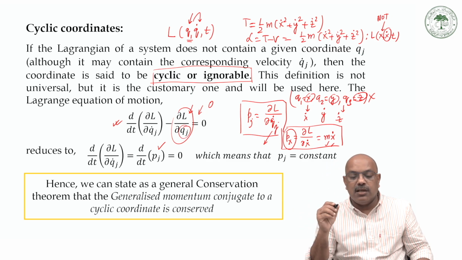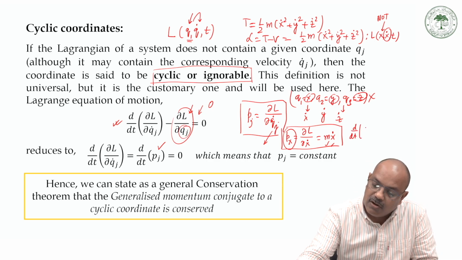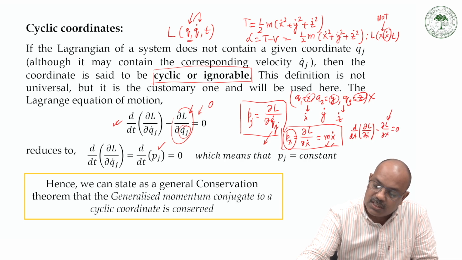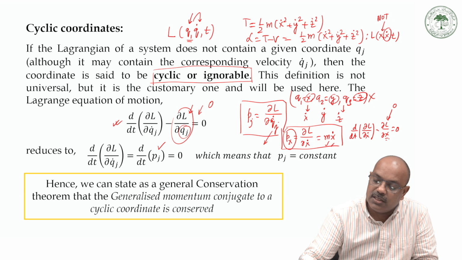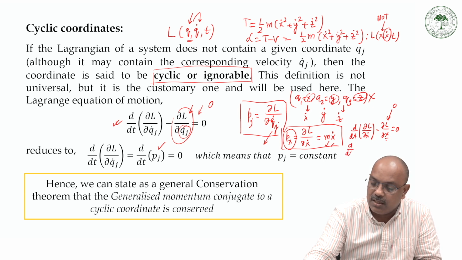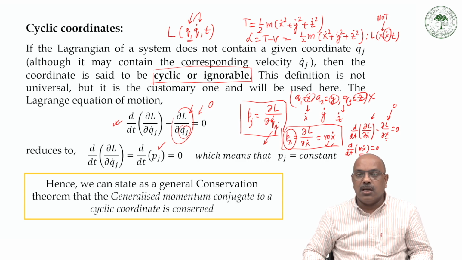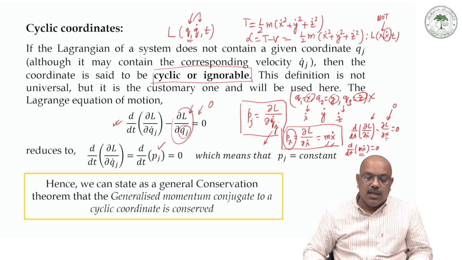The equation of motion is d/dt of delta L by delta x dot minus delta L by delta x equal to 0. But the second term is 0 because the Lagrangian is not depending upon x. So d/dt of m x dot is equal to 0. The conjugate momentum has zero time derivative, so it is the conserved quantity in this case.